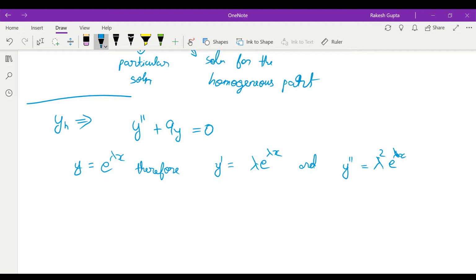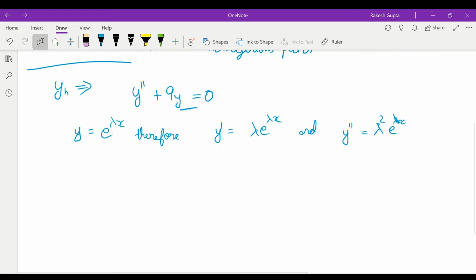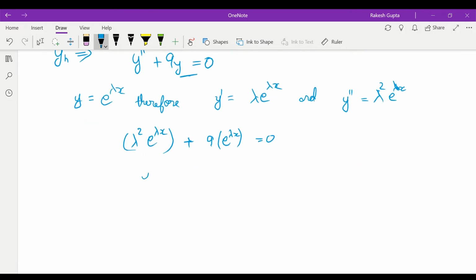So now we substitute these values in the homogeneous part of the question. We will then take e power lambda x common.